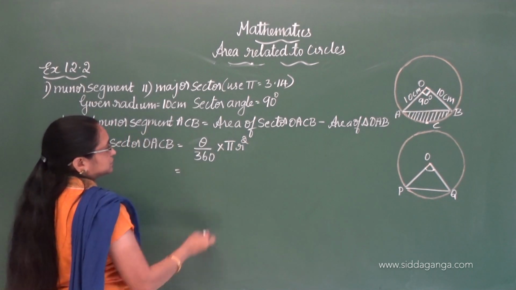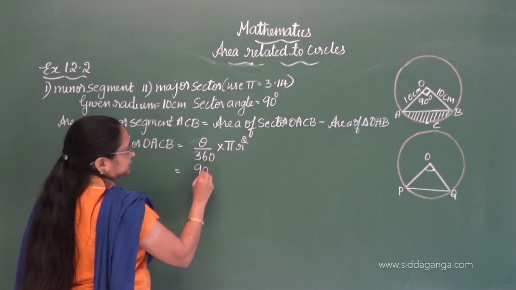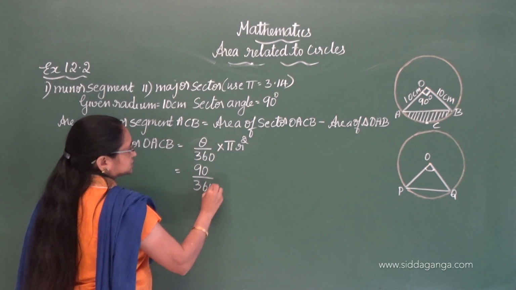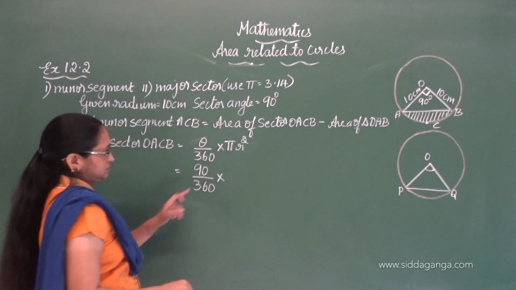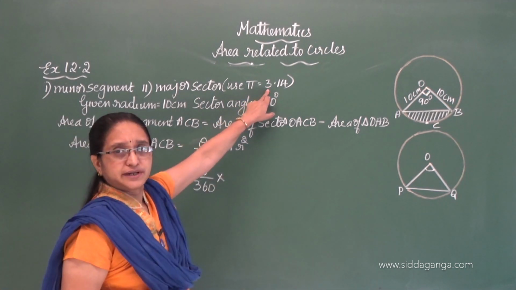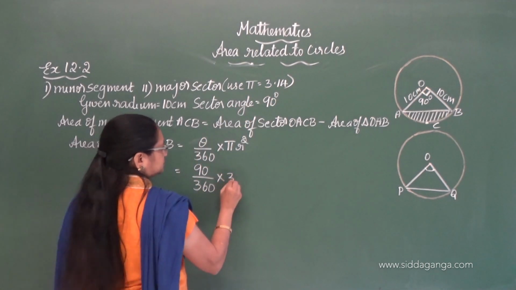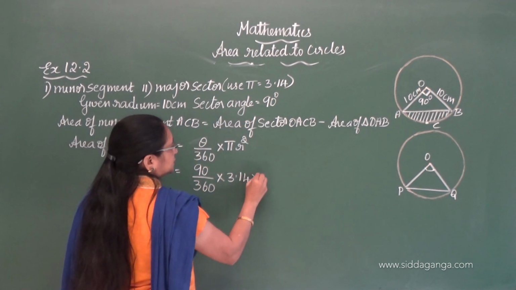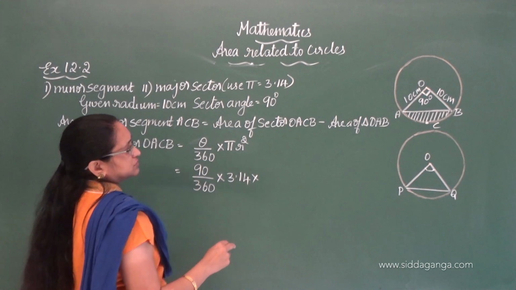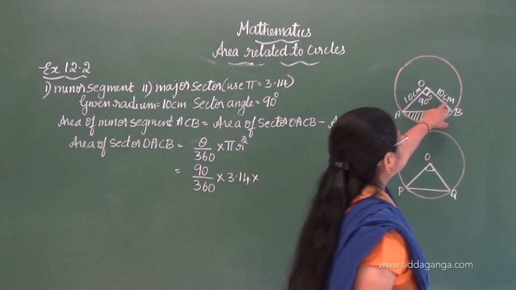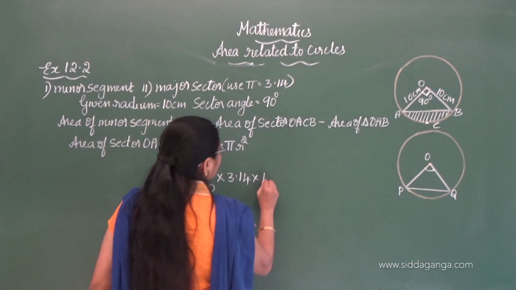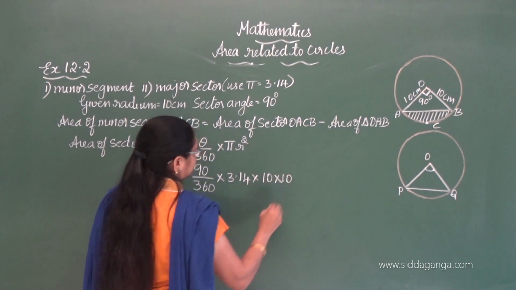So this is equal to 90 degree by 360 into pi, here you should take 3.14, into r, what is r here? r is 10 into 10.